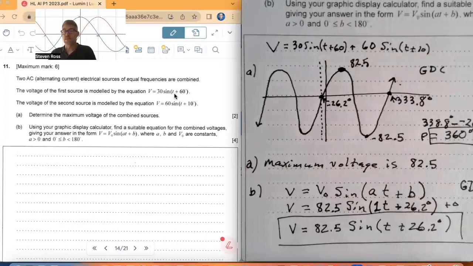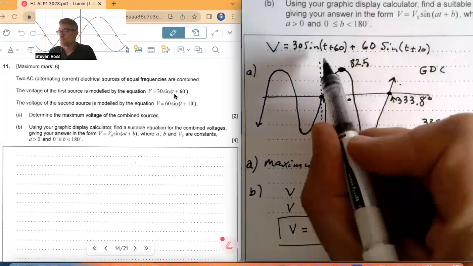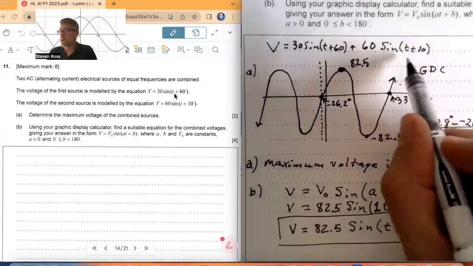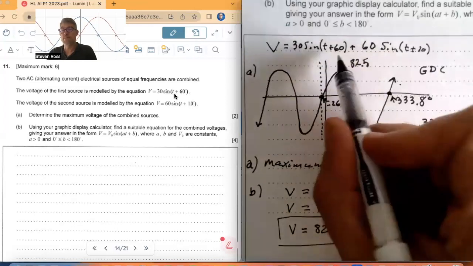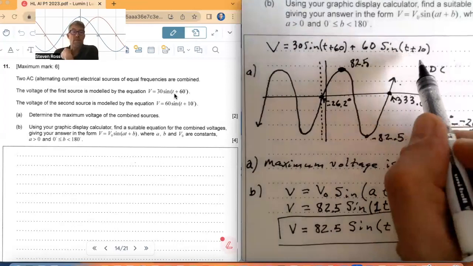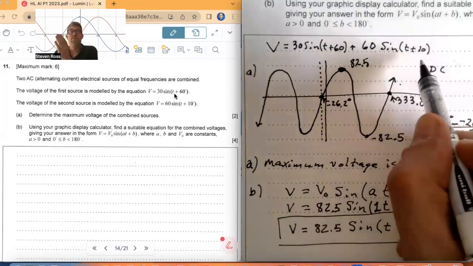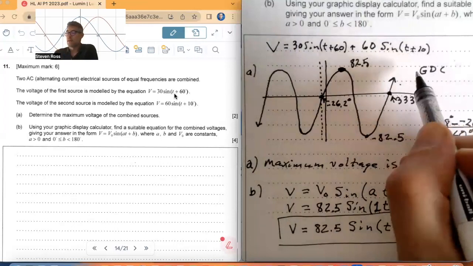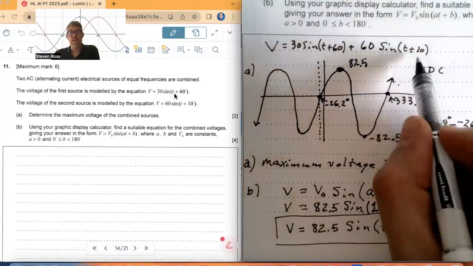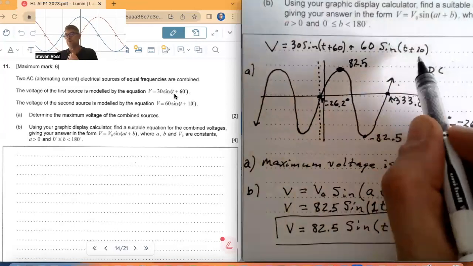The issue is in the argument. The argument is this little bit inside of the parenthesis. I've got a t plus 60 and a t plus 10. Those arguments are different, so I think automatically we ought to think of solving this in the graphics display calculator. If those two arguments were the same, it would make it a lot easier for us to solve.